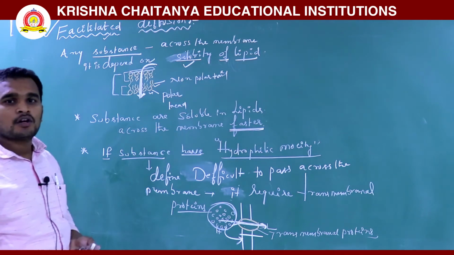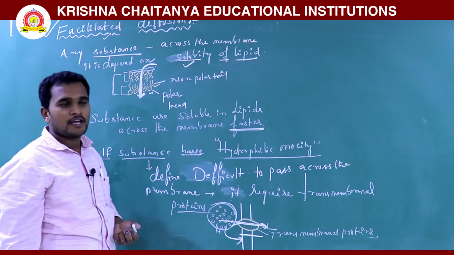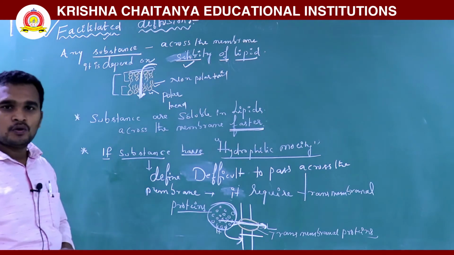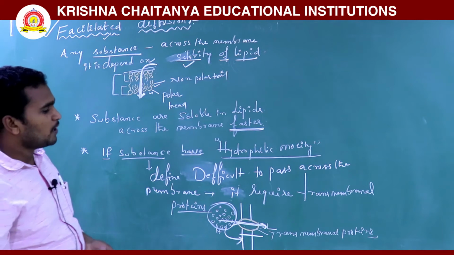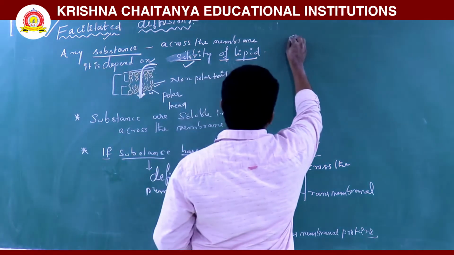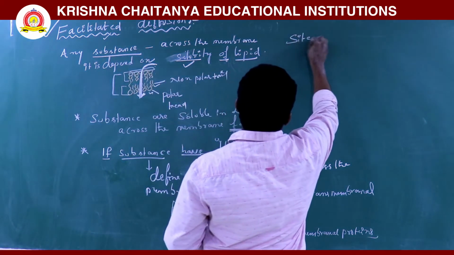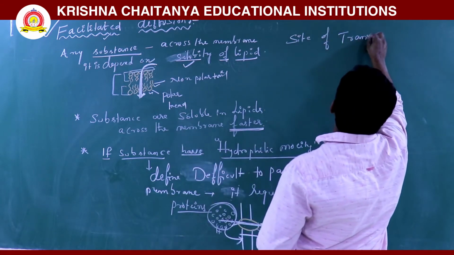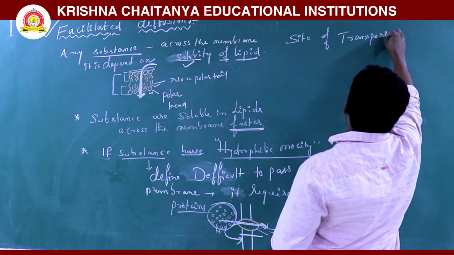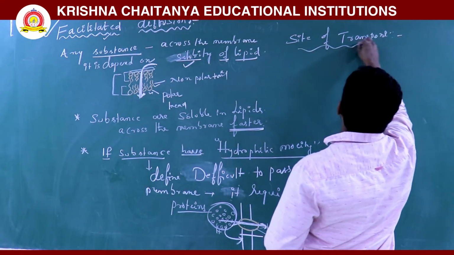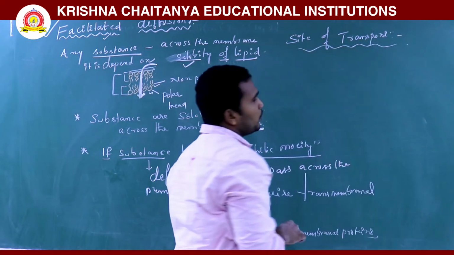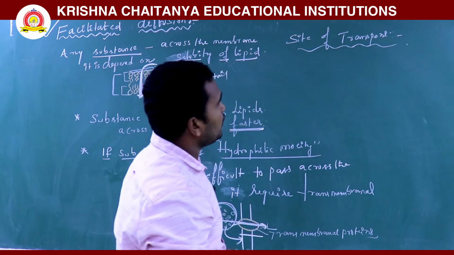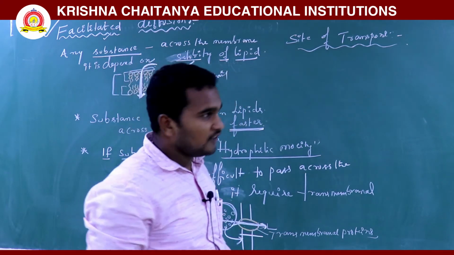Site of transport. Where is the site? The transmembrane protein. Which one is the site of transport for facilitated diffusion?